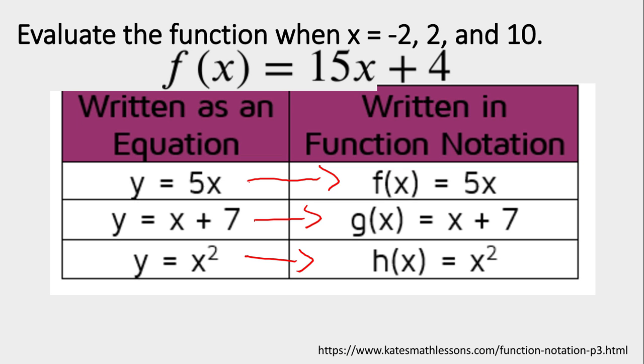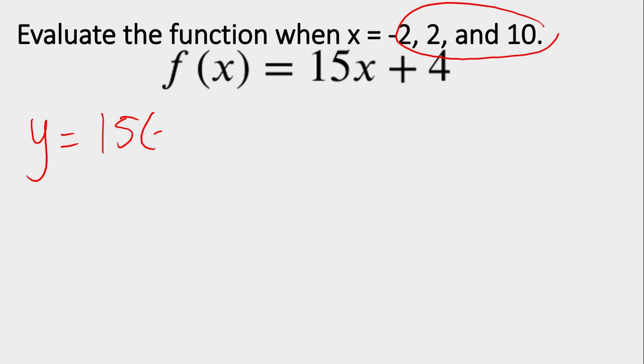Okay, so f of x, well, I got these 3 numbers that I'm going to put in for x. So instead of saying y equals, typically we would say y equals 15 times negative 2 plus 4. Really, the only thing that's going to be different is we're going to use f of x. And to be a little bit more specific, well, what are we putting in for x?